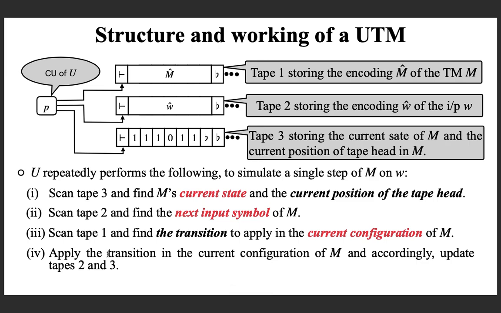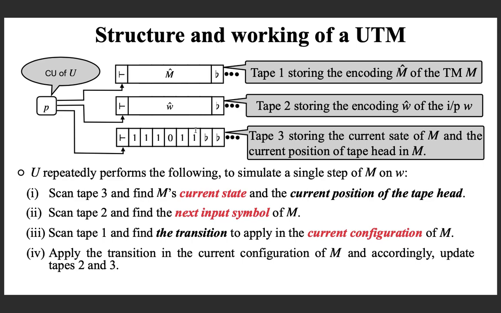Then what you do? Apply the transition. How can you apply it? The state change can be recorded here, because this is the place where the state of M is maintained. If it is 4, you have to get 4 ones here after a 0, followed by the position of the read write head.